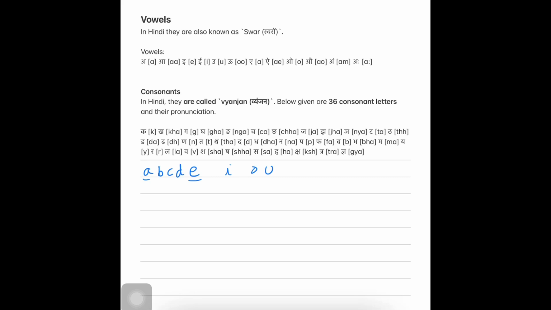On the other hand, the same is not the case with the Hindi language, where we study vowels and consonants separately.